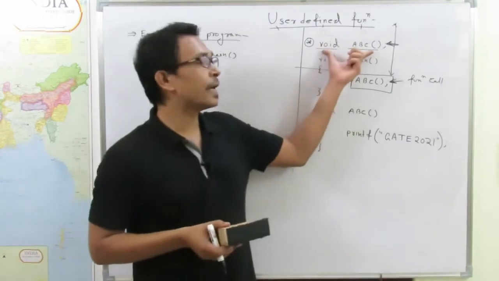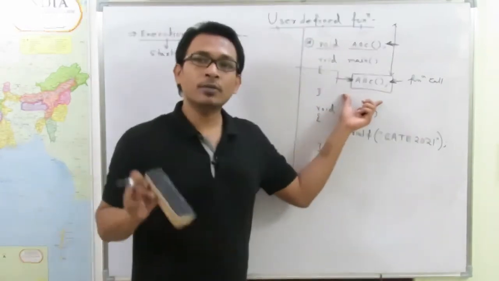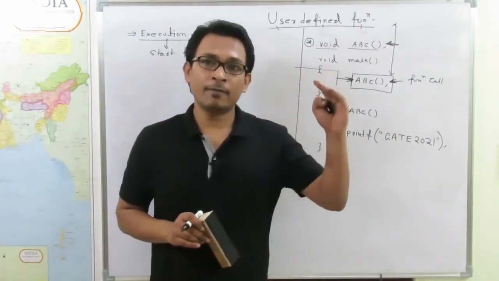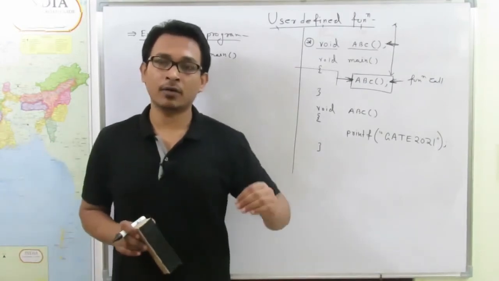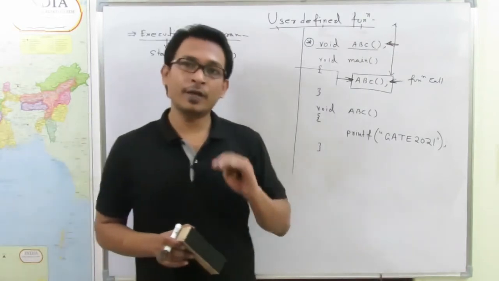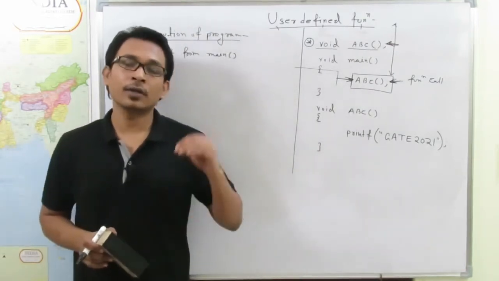Based on this particular prototype. Clear? And that's why we need to specify the prototype above, before we call the function. Before we call the function, we have to introduce the function.